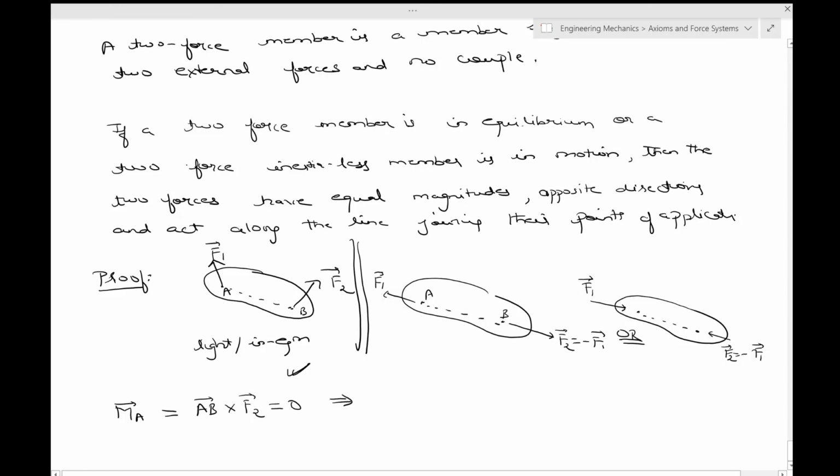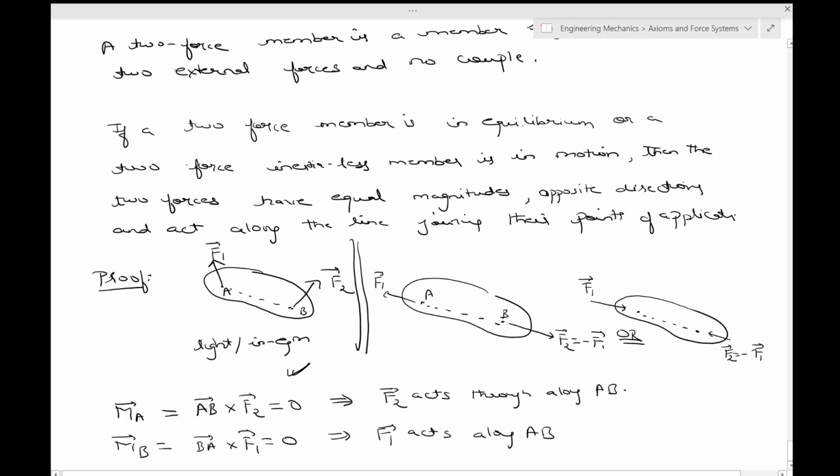This would imply that F2 acts along AB. Similarly, if you do it for M_B, that would be equal to BA cross F1. This would be equal to 0, and this would imply that F1 acts along AB or BA, same thing.